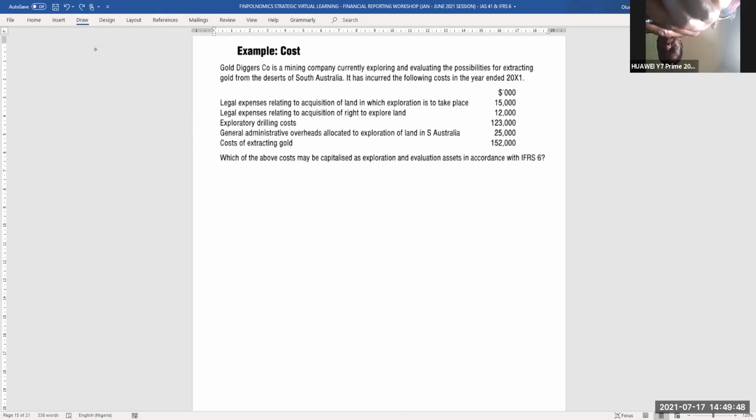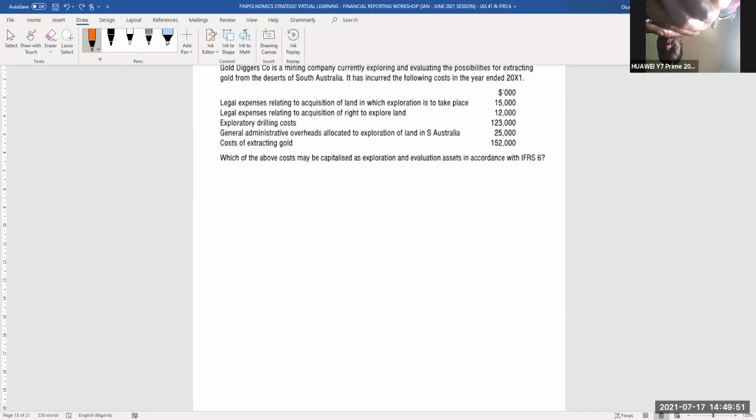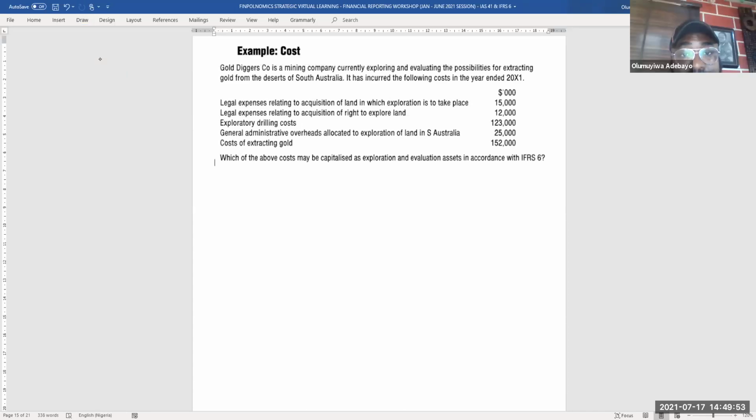Acquisition of this land has nothing to do with exploration. Because even if you own that land and there's mineral resources there, you can't explore without having rights from government. Therefore, buying the land has nothing to do with the exploration.